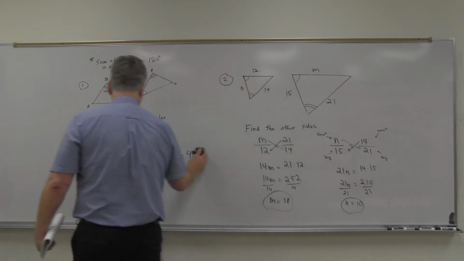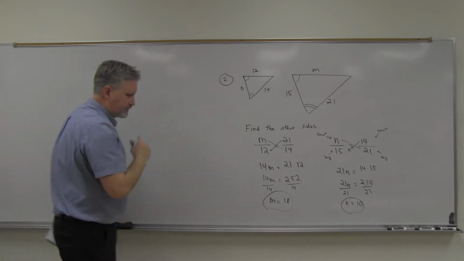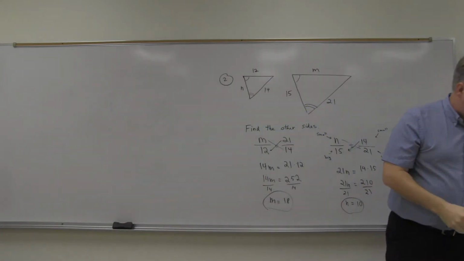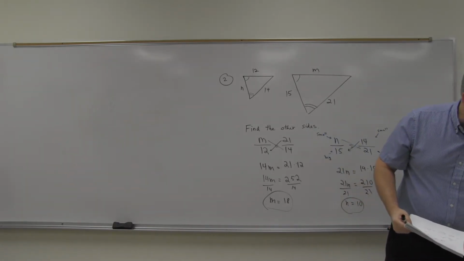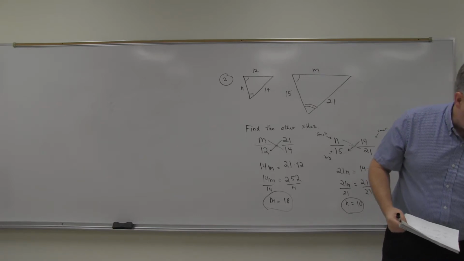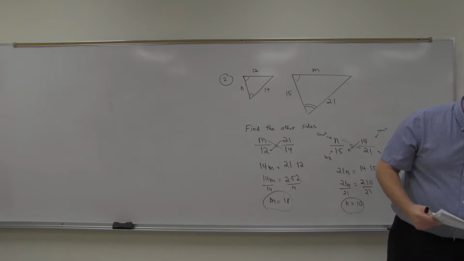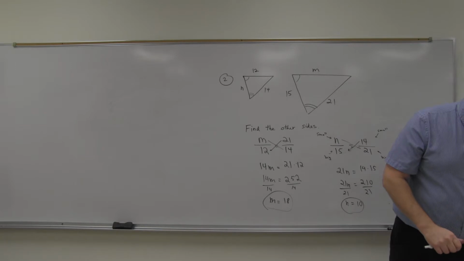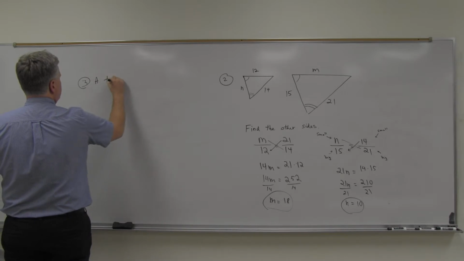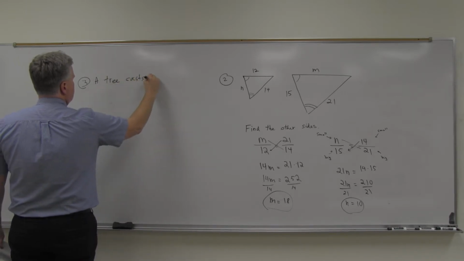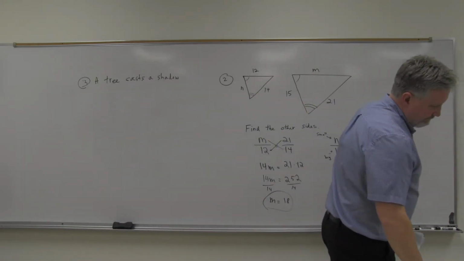The other one, real quick, I want to show you, was, what was it? Back on 9.3. This one out of the book. It's kind of a word type problem. All right. So a tree casts a shadow 45 meters long.